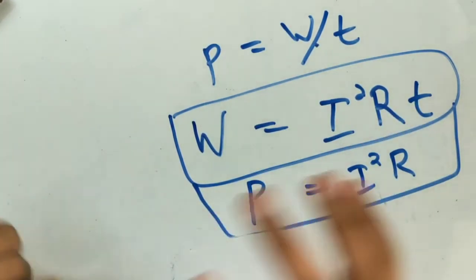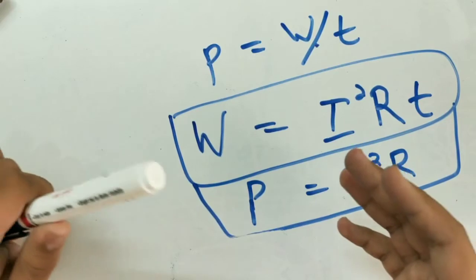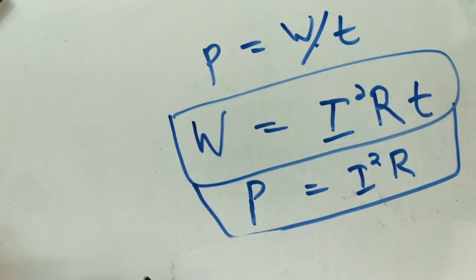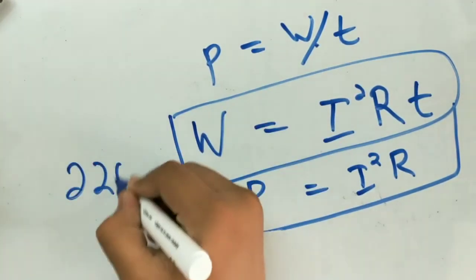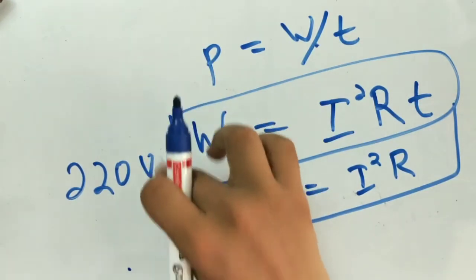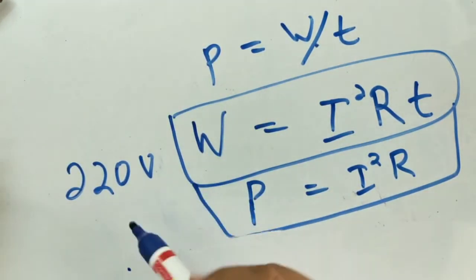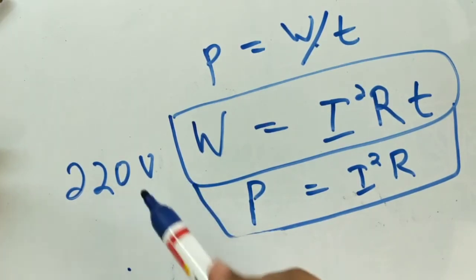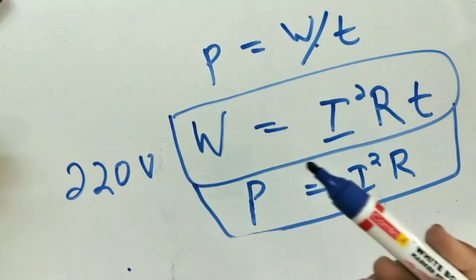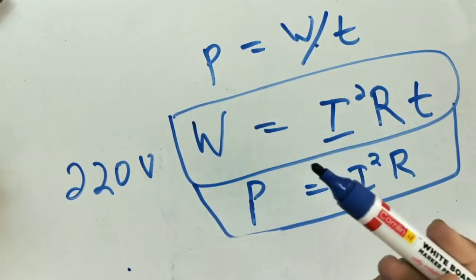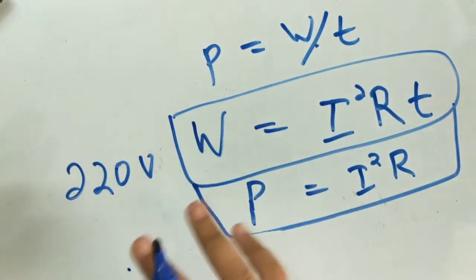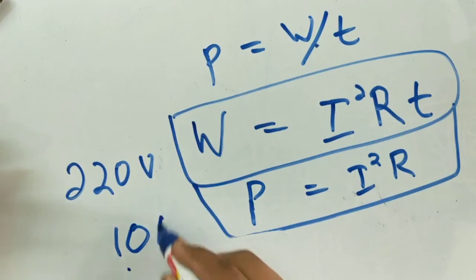So in the thermal power plant or in the nuclear power plant, where current is produced, they would produce it at, for example, 220 volt. I can't measure the current because it might be in kilo amperes, so let's take, just as an example, 10 amp.